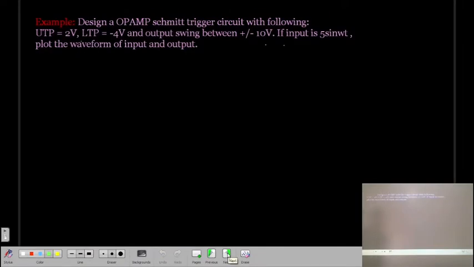Say, design an operational Schmitt trigger circuit with the following specification. The UTP is 2 volt. What we require here, we write it, that UTP is equal to 2 volt, LTP is minus 4 volt, and the output voltage swings between plus or minus 10 volt. So that is my V saturation.